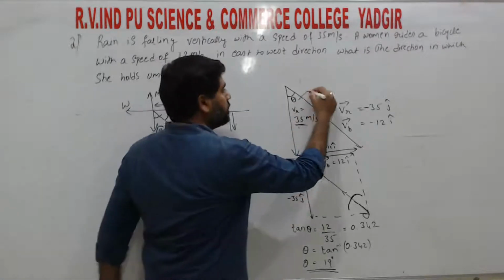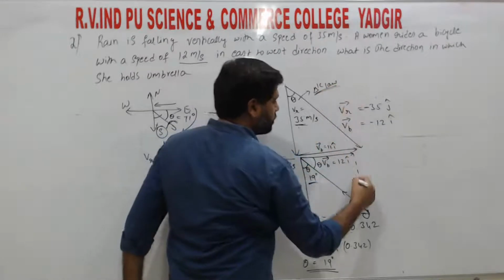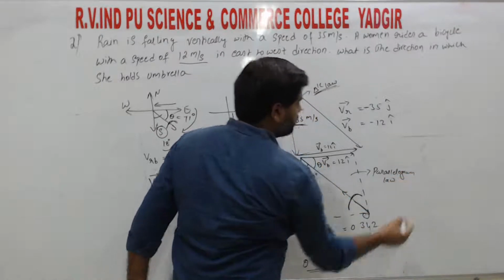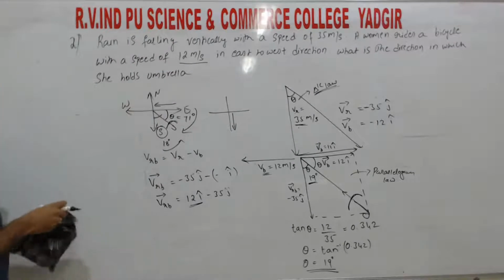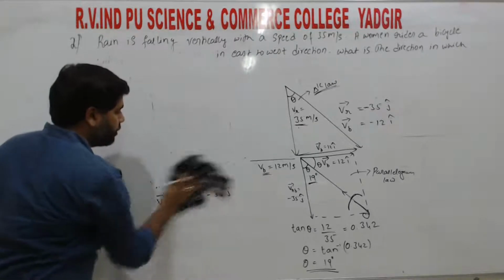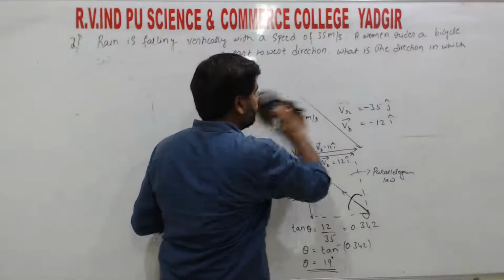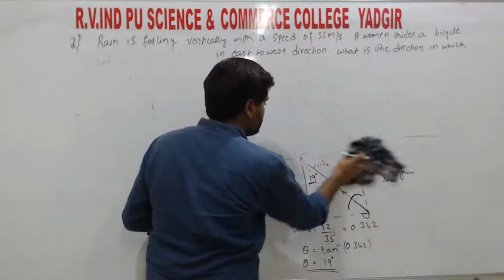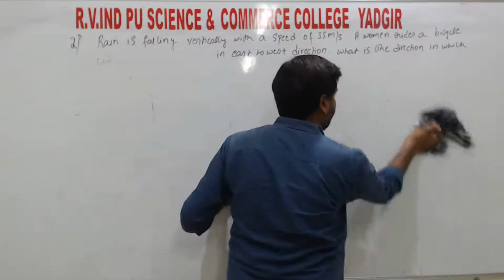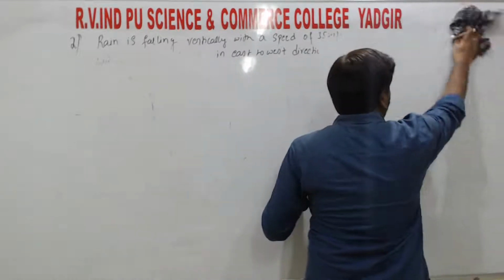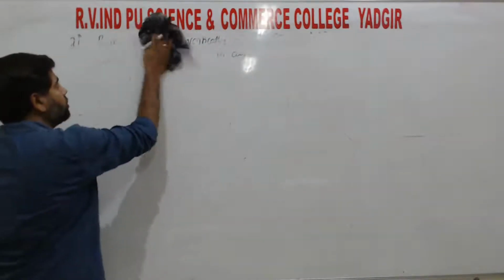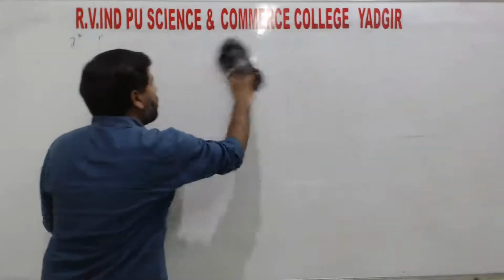This is from the triangle law, and this is from the parallelogram law. If you have confusion about directions, you can write angle theta as 71 degrees with the vertical, or 71 degrees with the horizontal.